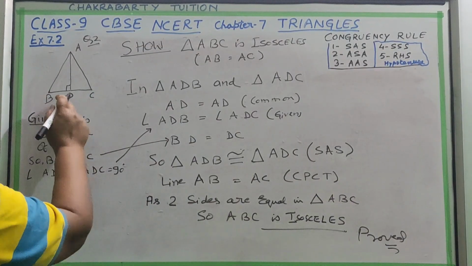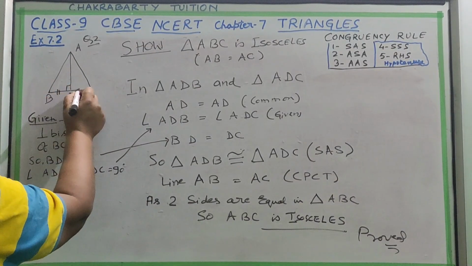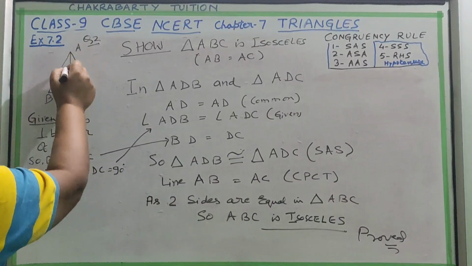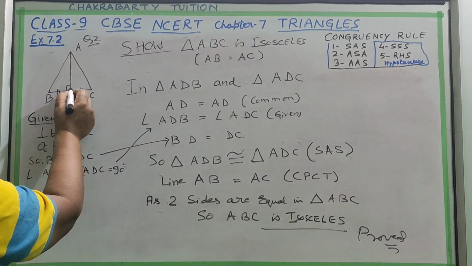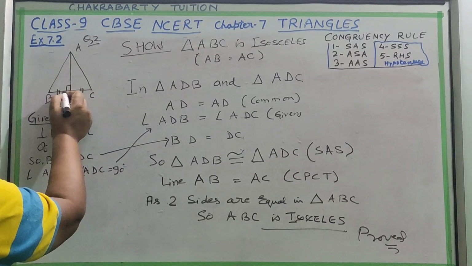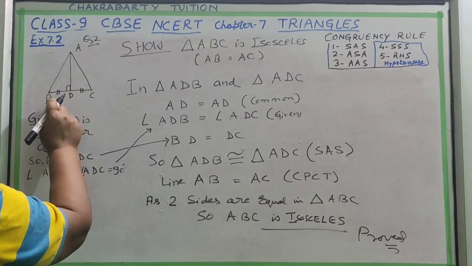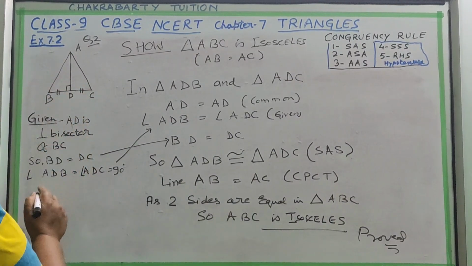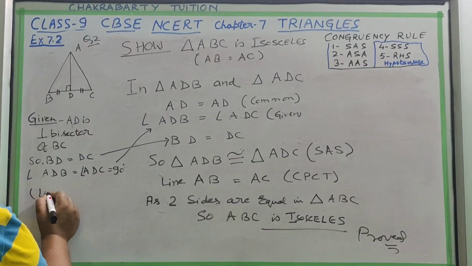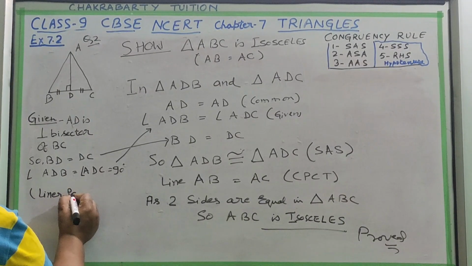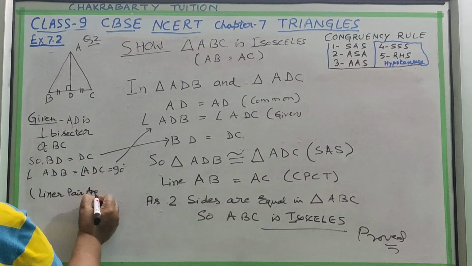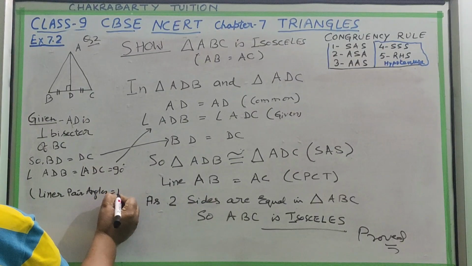AD is a perpendicular bisector of BC. It means this line and this line will be equal, and the perpendicular always makes a 90-degree angle on the base. So here it will be 90 degrees, and we know that linear pair angles sum to 180 degrees.